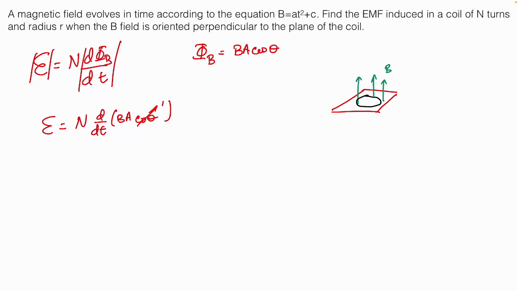What direction is the area vector? It's perpendicular to the plane of the area. So if a magnetic field is perpendicular to the plane a coil is lying in, the angle between the area of that coil and the magnetic field is 0 or 180. In this case, it's 0. What's cosine of 0? 1.